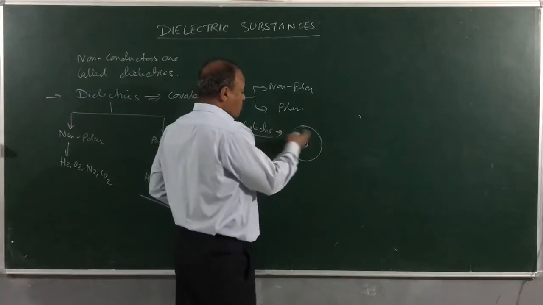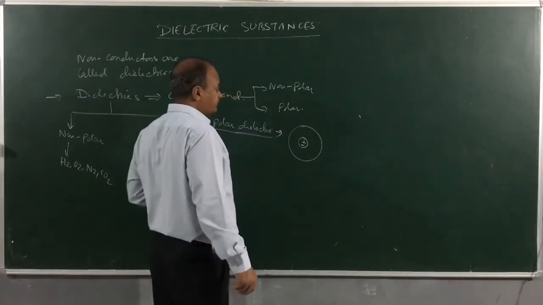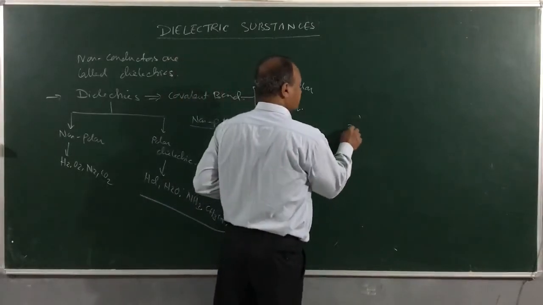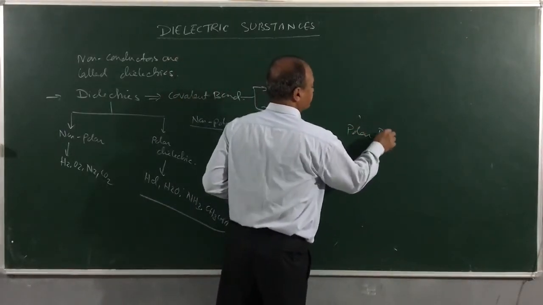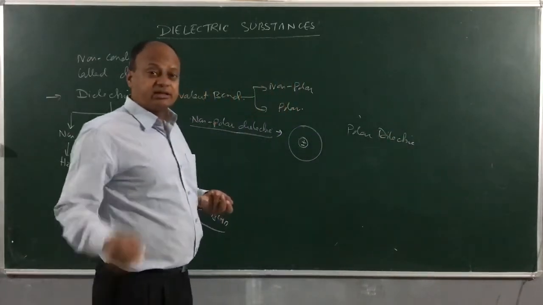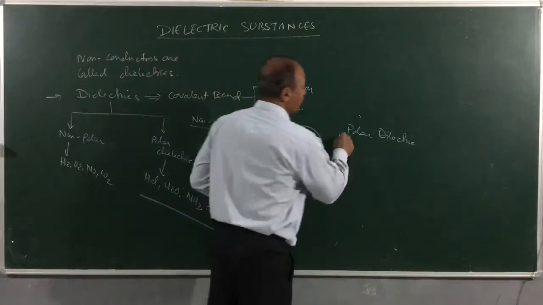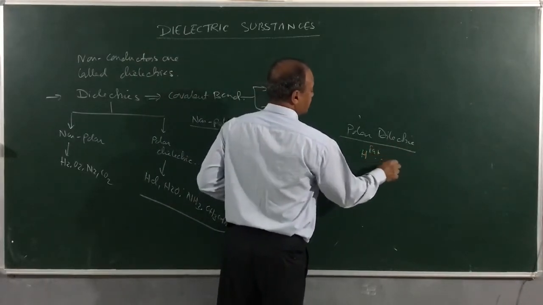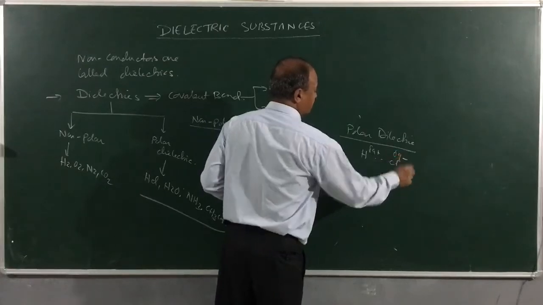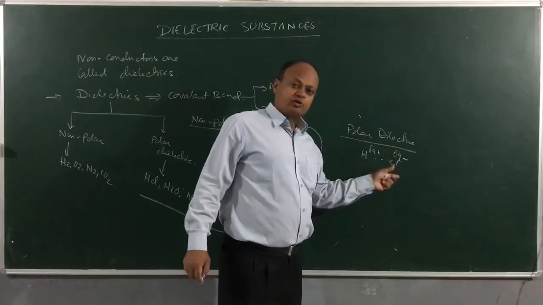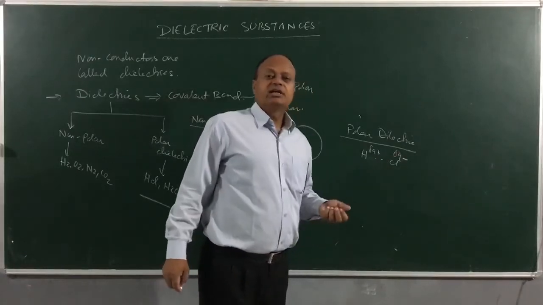Now, when we talk about polar covalent compounds or polar dielectrics, take the case of, for example, HCl. In HCl, what do we see? This is H plus having positive charge. This is Cl minus having negative charge, because the shared electrons are closer to chlorine, as chlorine has greater electronegativity.